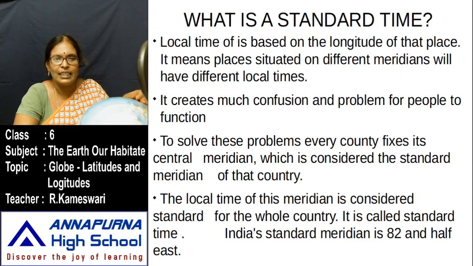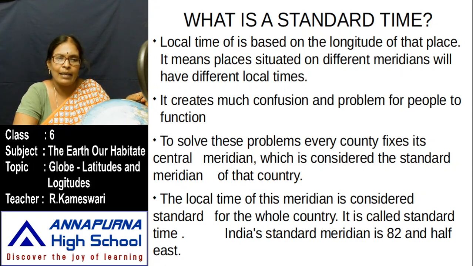To solve these problems, every country fixes its central meridian, the longitude which passes through the center of its country. That is taken as the prime meridian of that country, which is considered the standard meridian of that country. Our country's standard meridian is 82.5 degrees east meridian.